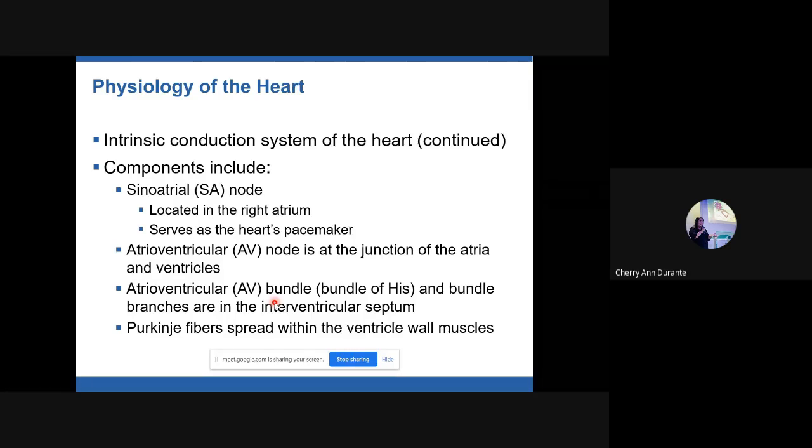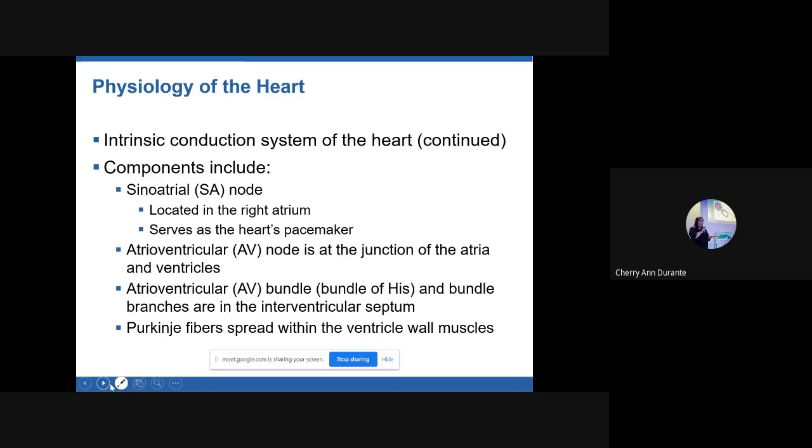Okay, and then it will branch out into your right and left bundle branches hanggang makarating iyon sa iyong Purkinje fibers, which is the one responsible for contracting the ventricles. So that is now your pathway of depolarization, or this is how your heart muscle eventually contracts, the left and right ventricles.